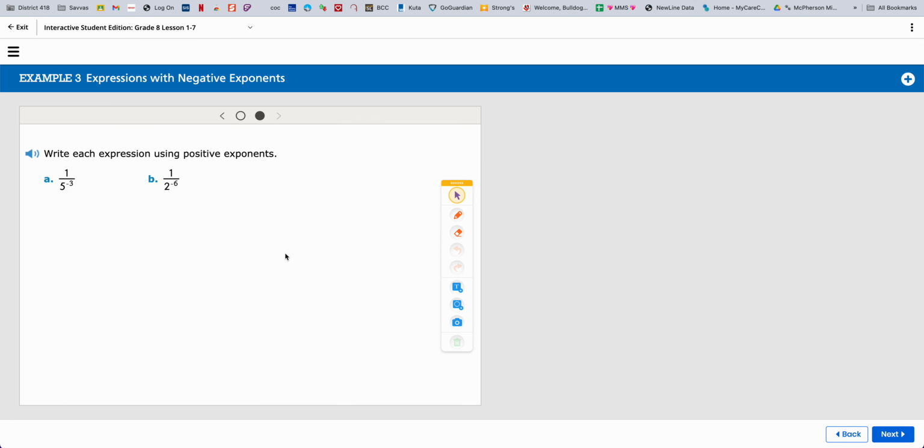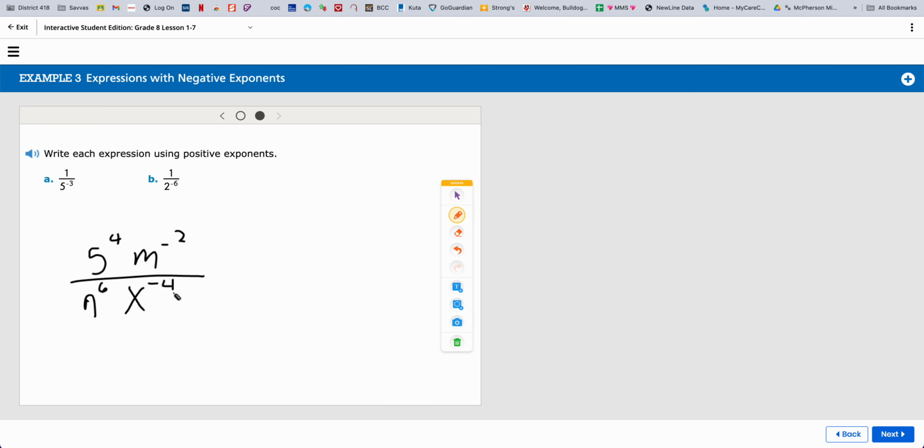Now, what if I have 5 to the 4th m to the negative 2 over n to the 6th x to the negative 4th?